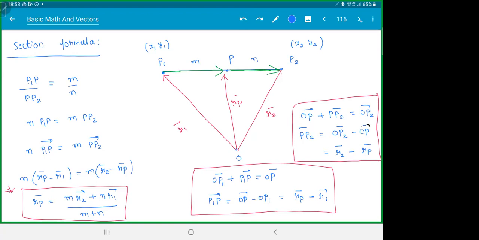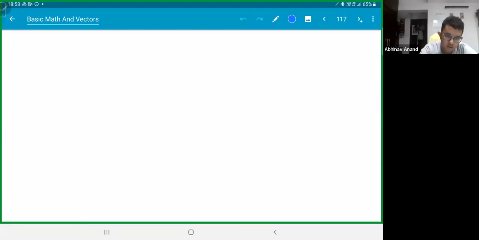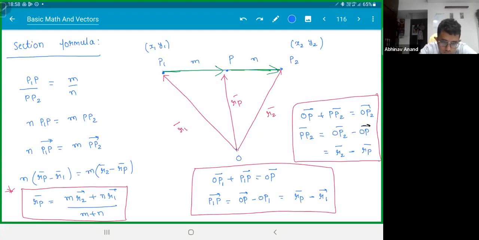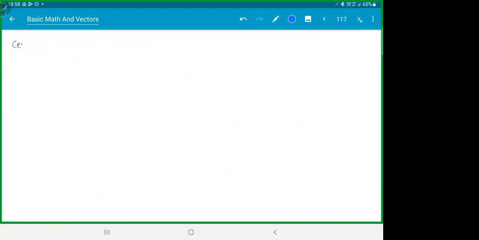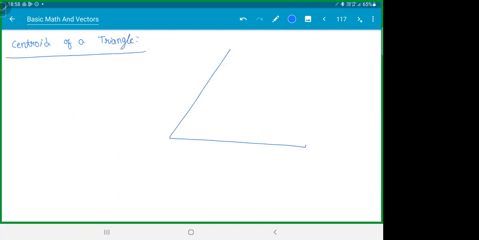Next one, the centroid formula. Now, if you have the centroid of a triangle, let's say we have a triangle like this.